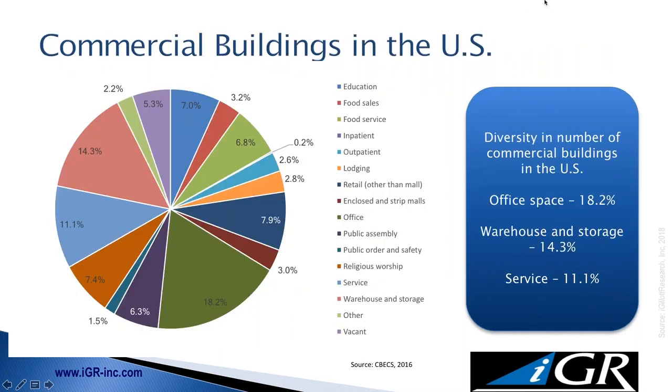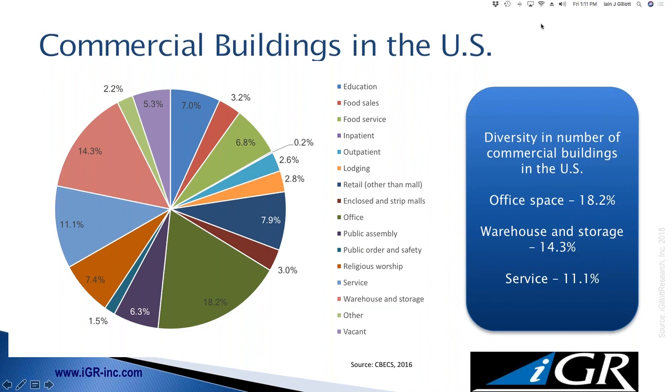So a question that we get a lot is, well, how are the commercial buildings made up in the US? What are they? And this actually is from CBECS, the population survey they do every few years. This is actually from 2016. And you can see the colors on there on the side.